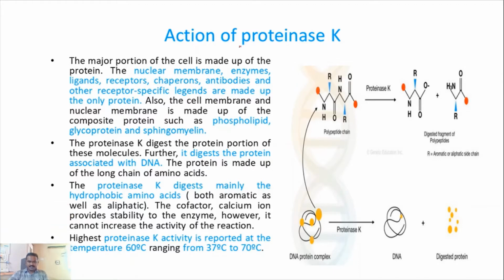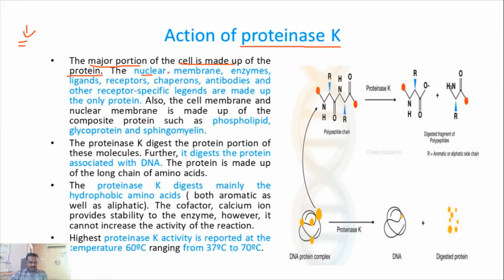The next important chemical is proteinase K. Proteinase K is the enzyme that degrades protein. It destroys or hydrolyzes all kinds of protein, because the major portion of the cell is made up of a variety of proteins.